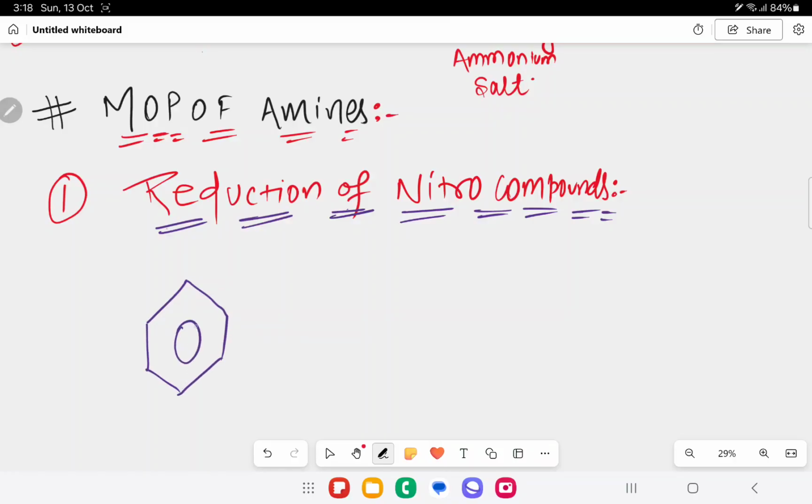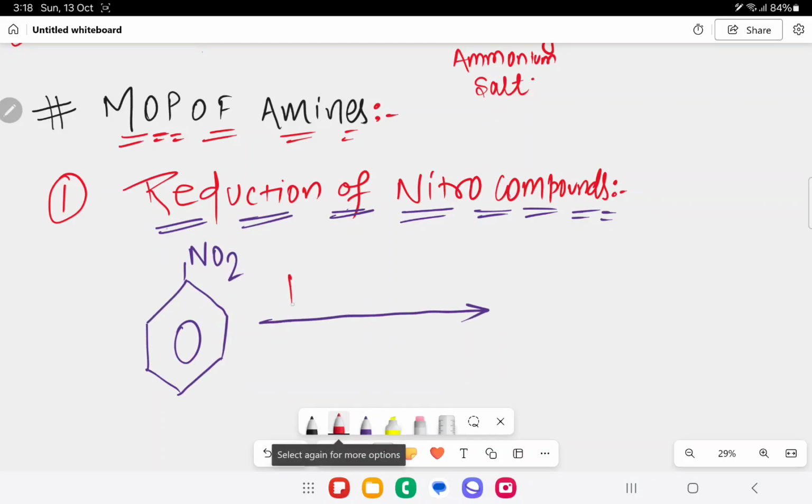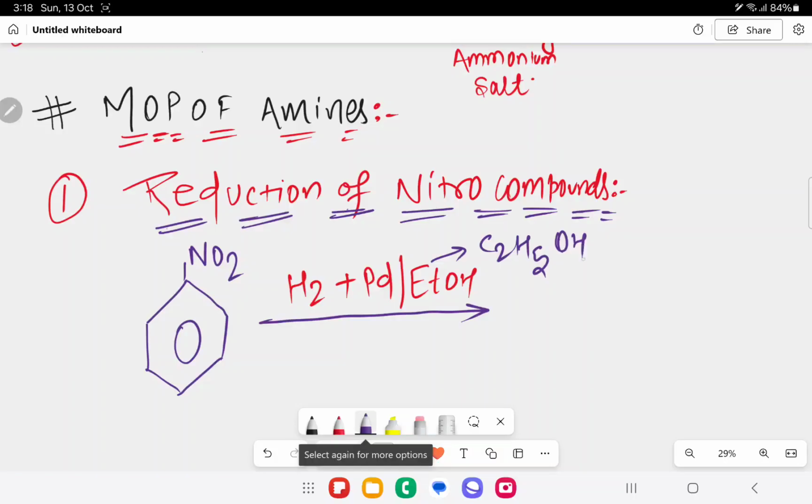Now over here I have taken nitrobenzene. Either you can react this nitrobenzene with H2 hydrogen plus a platinum catalyst in EtOH. Everyone knows that Et means ethyl, C2H5OH.